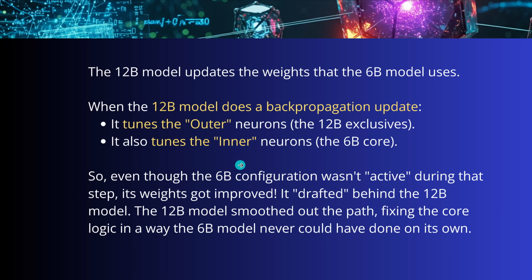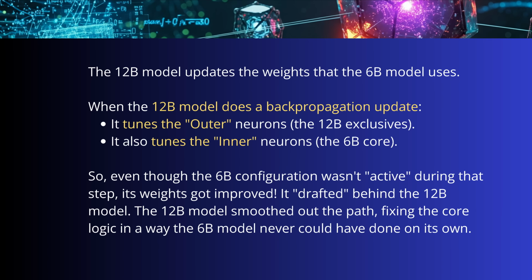So even if the 6B configuration wasn't active during this particular step, its weights got improved anyway because they use the same tensor structure and really the same identical weights. So it drafted behind the 12B model. The 12B model smoothed out the path of the 6B, fixing the core logic in a way that the 6B model would have never done on its own. It doesn't have the complexity to understand this.